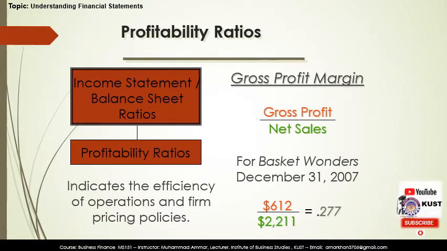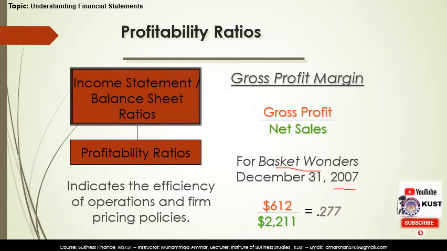So you see the profitability ratios. The first one is the gross profit margin, which is also known as an income statement and balance sheet ratio, because gross profit margin is equal to gross profit divided by net sales. These figures are taken from Basket Vendor for the year 2007.